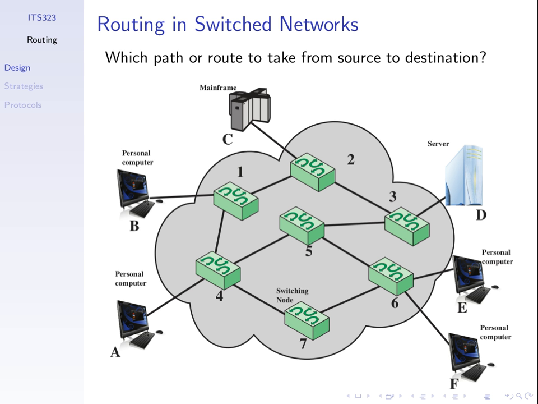Instead of looking at the number of links or the number of hops, we could say there's some financial cost of sending data across each link. This is someone's network. We need to pay to use their network and to send data across the links. There may be a financial cost of using this link, 1 baht per minute or something. And another financial cost that may be more expensive to use this link.